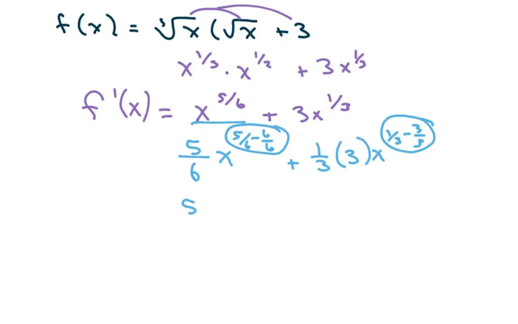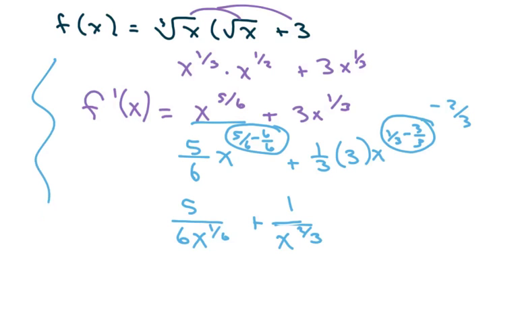So we get 5/6 x to the 1/6 plus x, it's just going to be 1, sorry. 1, and this is negative 2/3, so we bring it down to the denominator, x to the 2/3, which is what we got before. And this did go faster.